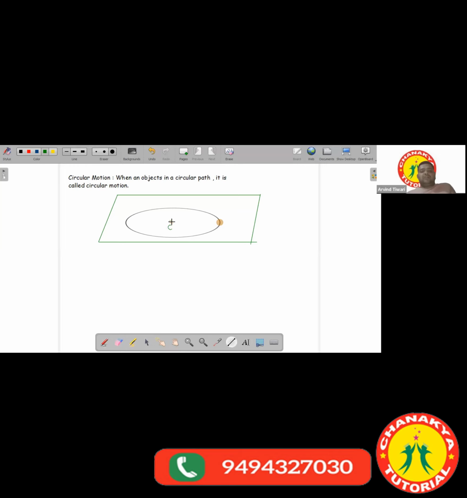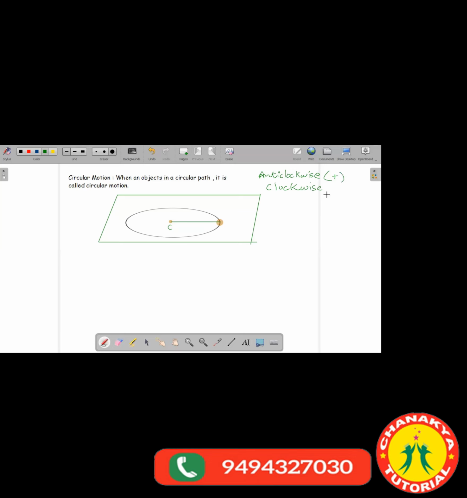When it's moving in a circular path, I told you that there are two possible directions of motion. It can be either anti-clockwise motion or clockwise motion. Yesterday we discussed that if there is any displacement in the anti-clockwise direction, we will take it to be positive.